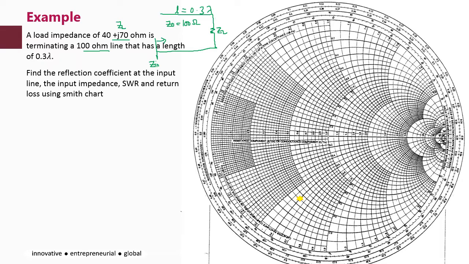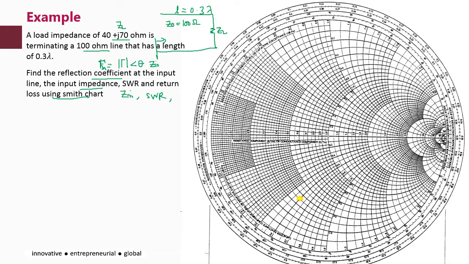Right, find the reflection coefficient, which is the magnitude of the reflection coefficient and theta at the input line, the input impedance Z in, and then the SWR, and also the return loss using the Smith chart.